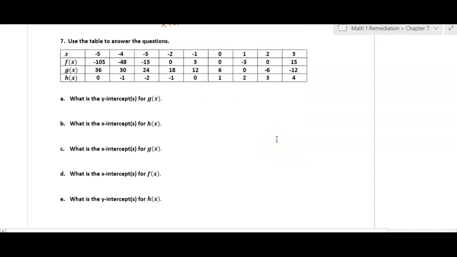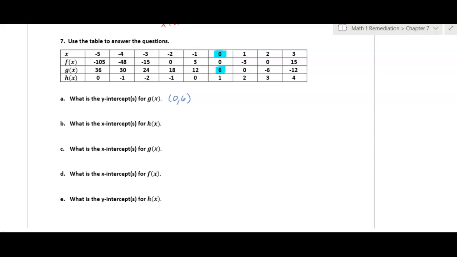And finally, what is the y-intercept for g of x? If I look at g of x, I'm looking for the y-intercept, so I know x is 0. So where is x 0? Right here. And I would say the y-intercept is going to be 0, 6.